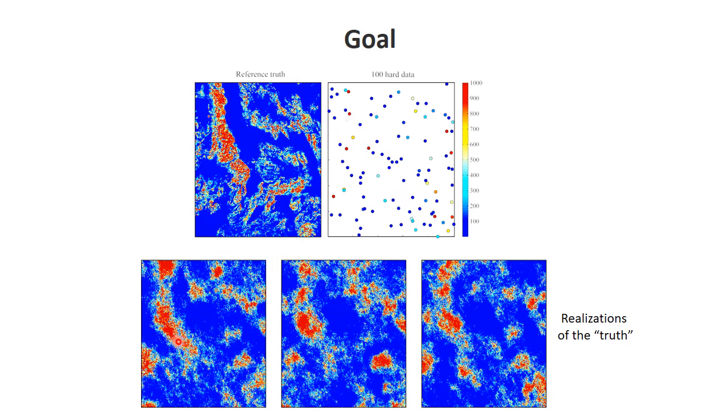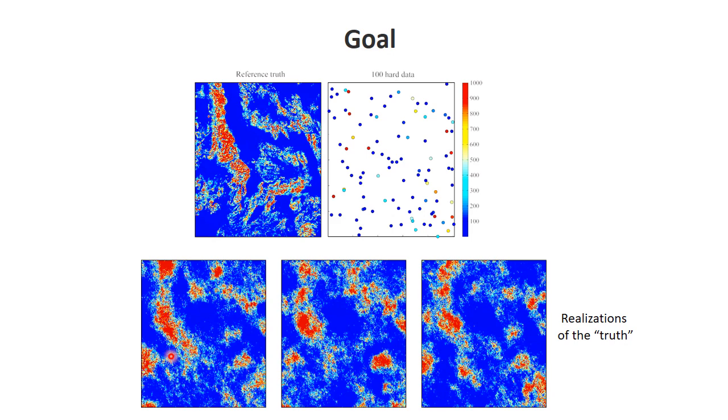We'd like this idea of kriging to be maintained. But secondly, these maps should now also reproduce certain statistics. If I calculate the histogram of this map, it should be similar to this histogram. If I calculate the variogram of this map, it should be very similar to this variogram. It's not going to be exactly the same, but it should be statistically similar.